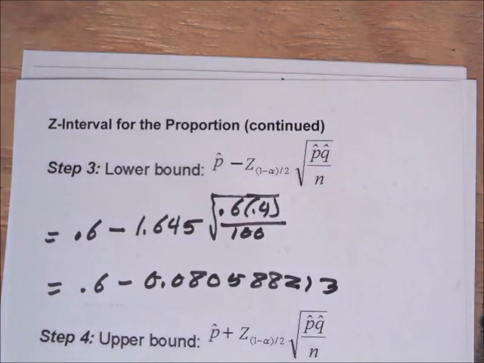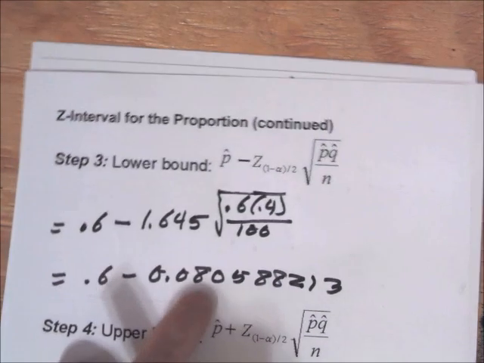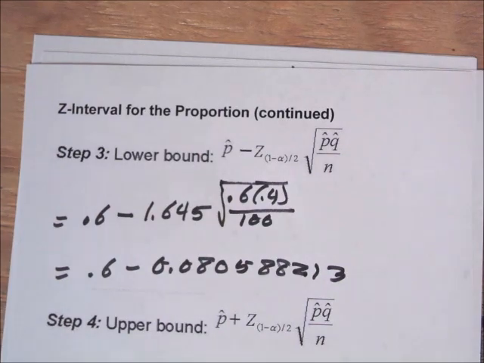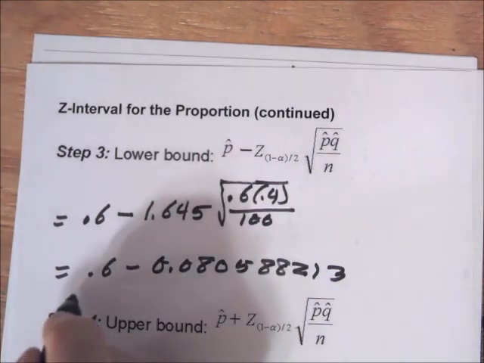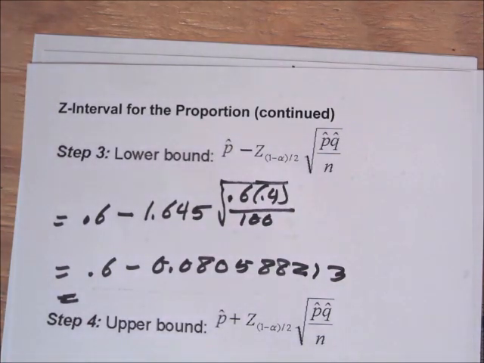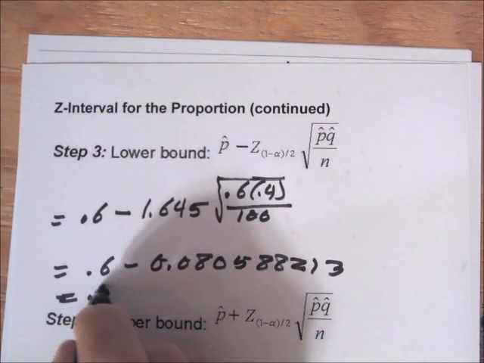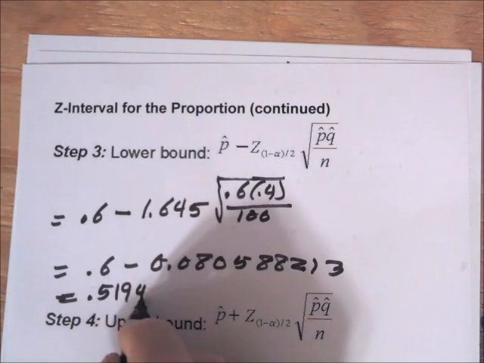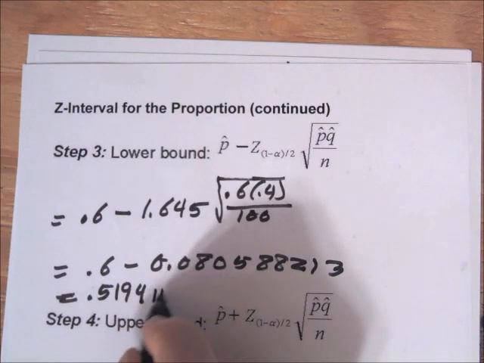Okay, and I'll put that in the calculator. I computed this part after the minus sign separately because sometimes it's reported separately. If we subtract, I'll get 0.5194 11787.